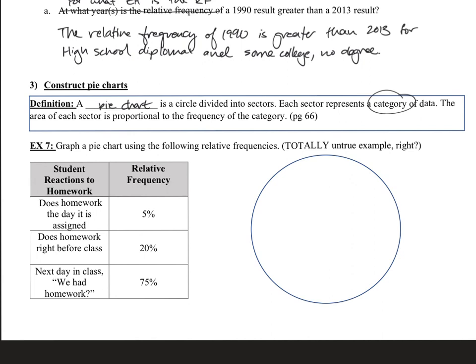Okay, so graphing this out. Splitting this up, we want to make sure each proportion is correctly labeled. So 75, and then the others looks like a 25, so I'm going to go ahead and split my circle into 4s. If you had some numbers that weren't quite as easy to graph, you would take the relative frequency and multiply it by 360 degrees to find the degree that you would be using, and you would have to use a protractor.